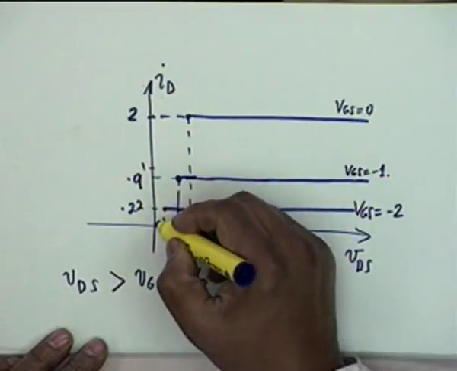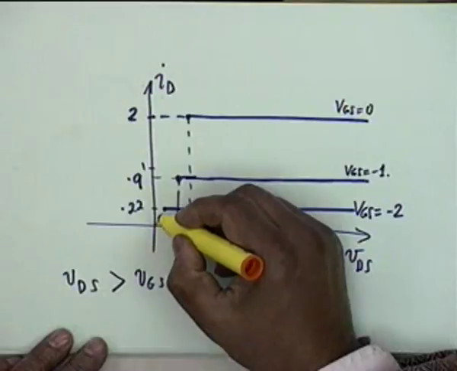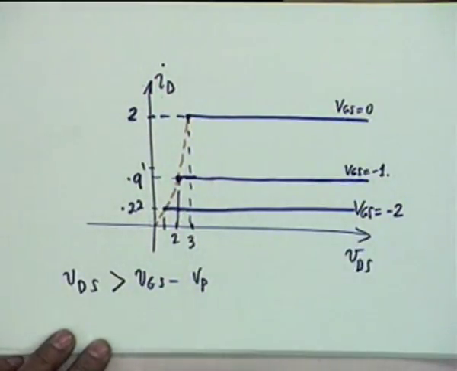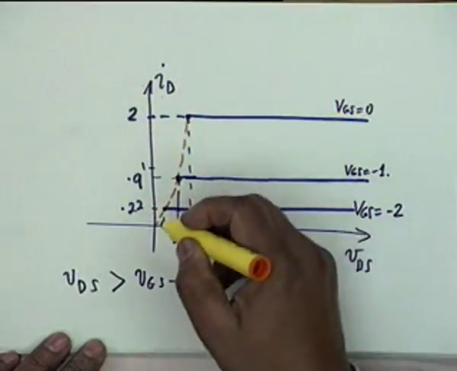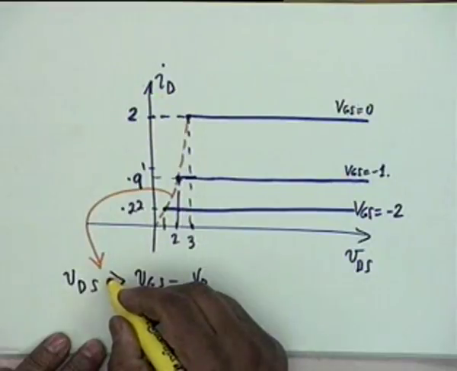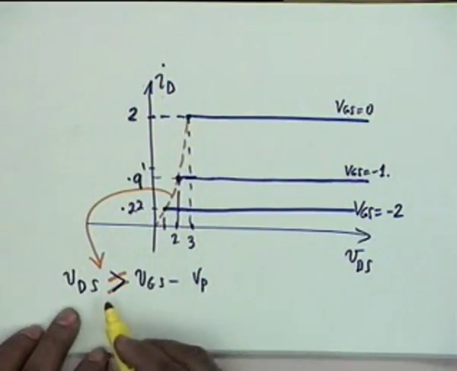So this is the locus of the saturation line, the red line. This is the line which describes VDS equal to VGS minus VP. Is that clear?